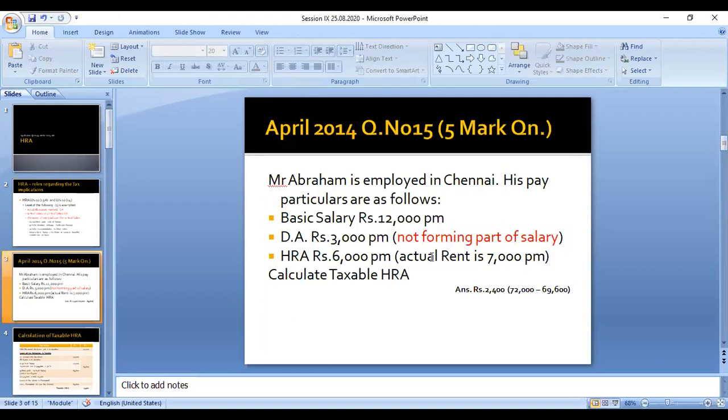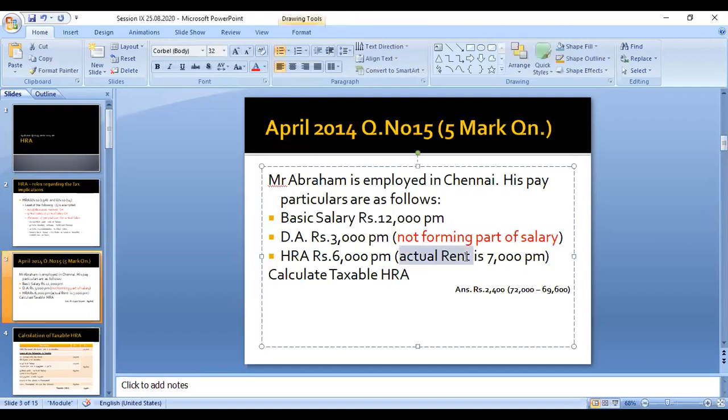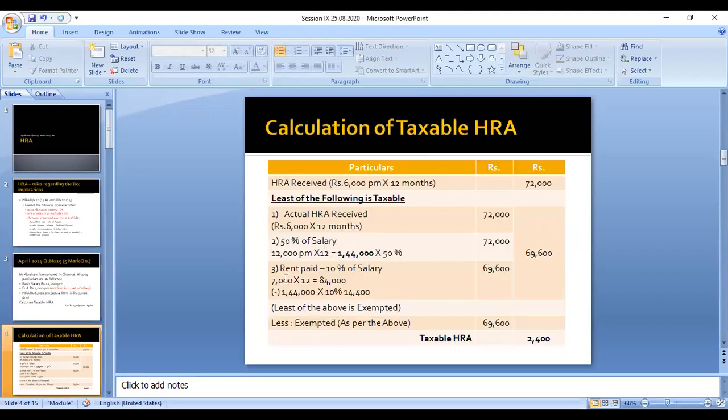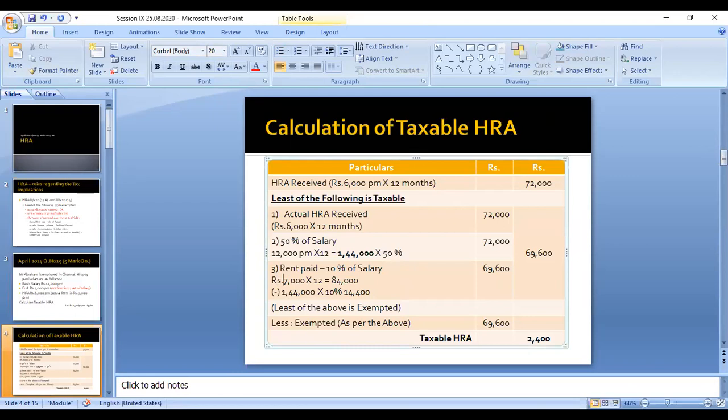The actual rent paid by him is rupees 7,000 per month. Rupees 7,000 per month means we have to multiply rupees 7,000 into 1 year, that is a 12 months period. So rupees 7,000 into 12 months.